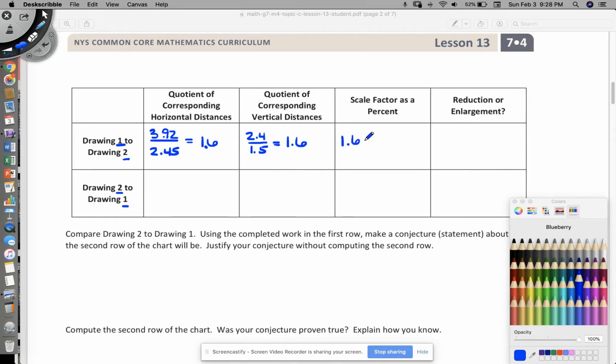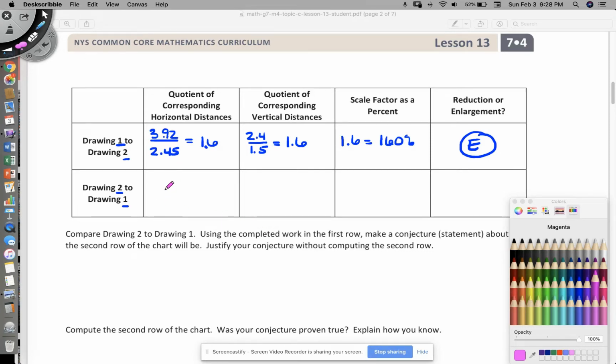So what is 1.6 as a percent? Remember, 2 places to the right gives me 160%. So drawing 2 is 160% larger than drawing 1. So what is this? It's an enlargement, and we'll just put an E for that. Now we're going to go in the opposite direction. Now we're going to make drawing 2 the original and drawing 1 the scale drawing.